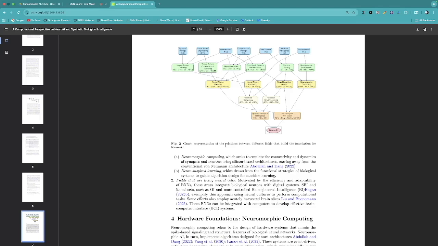And so you can build these neuromorphic devices that are much different than the von Neumann architecture. And then neuro-inspired learning is where we have different types of algorithms and software that are inspired by the brain. They're not at all like the kinds of algorithms that we have for von Neumann architectures.